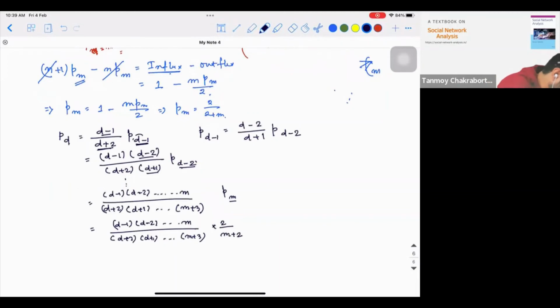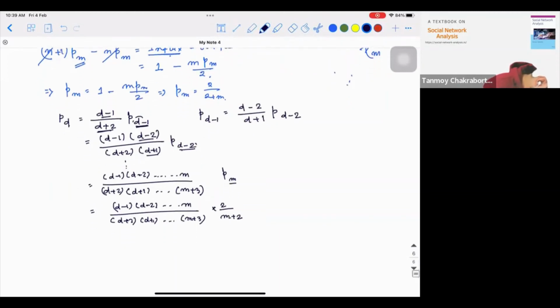So now what would happen? Now tell me what would happen. Can you see some common elements in the denominator and numerator which you can cancel out?